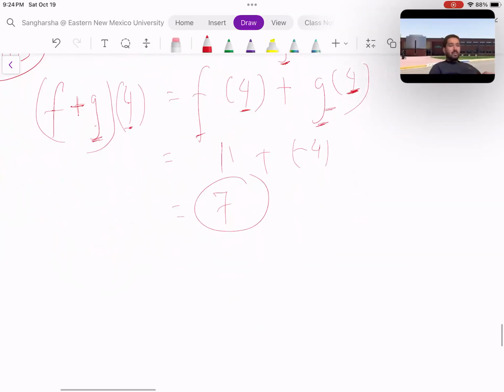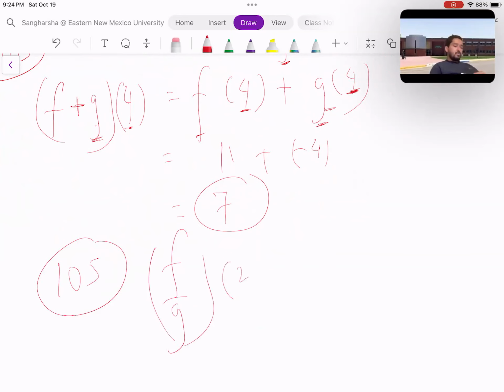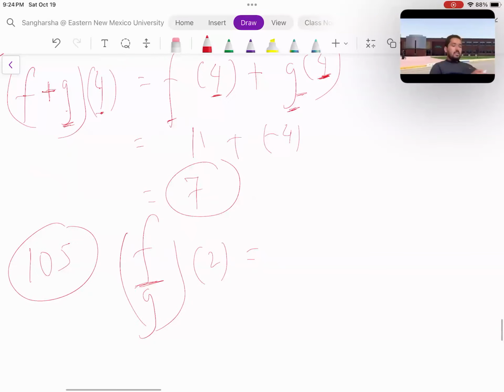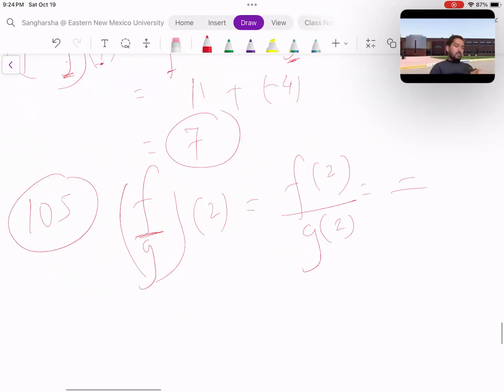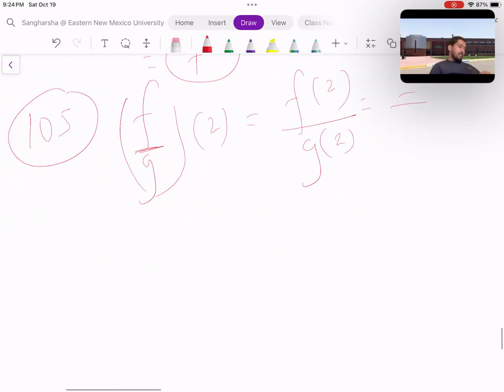And in the similar way, 105, 107. So in 105, you have f over g of 2. So you have a division here. So this is f of 2 over g of 2. Find f of 2, find g of 2. Okay? You should be able to solve this one. And 107 is a composite, the one we just did.